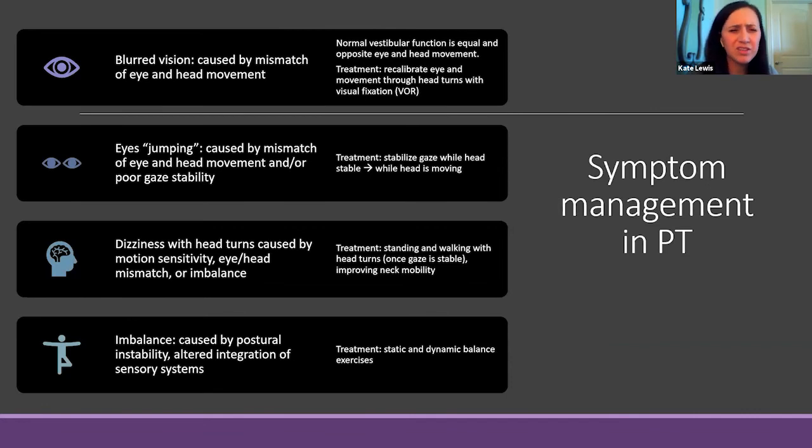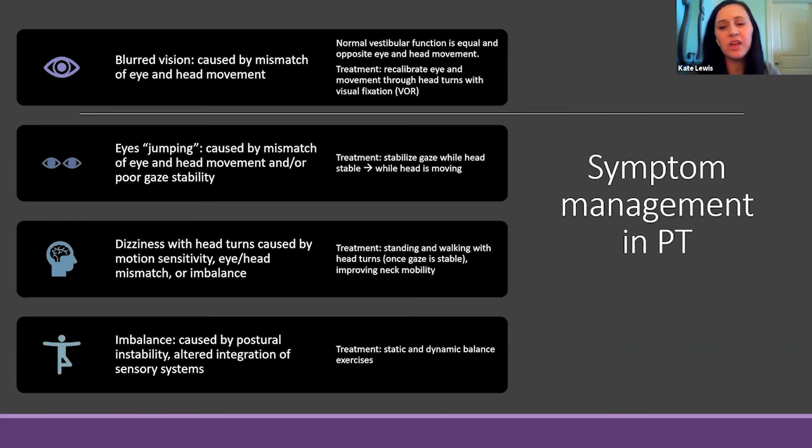If somebody reports that their eyes feel like they're jumping, again, it could be a mismatch of eye and head movement and or poor gaze stability. So if the eyes aren't stable when the head isn't moving, then when the head is moving, it's going to be even worse. So we make sure that we can stabilize the gaze while the head is stable.